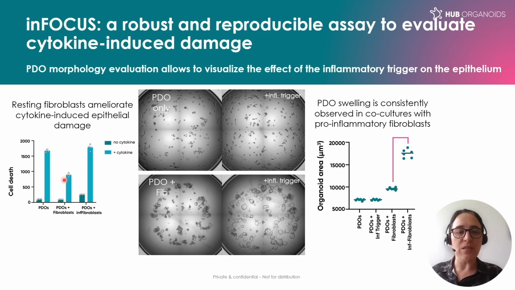So when the cytokines to damage the epithelium are added, the impact on cell viability is reduced when they are normal fibroblasts. But when we have inflammatory fibroblasts, we lose this protective role. All these responses are in line with what is expected when there is an interaction between epithelial cells and fibroblasts in a normal environment or in an inflammatory environment.